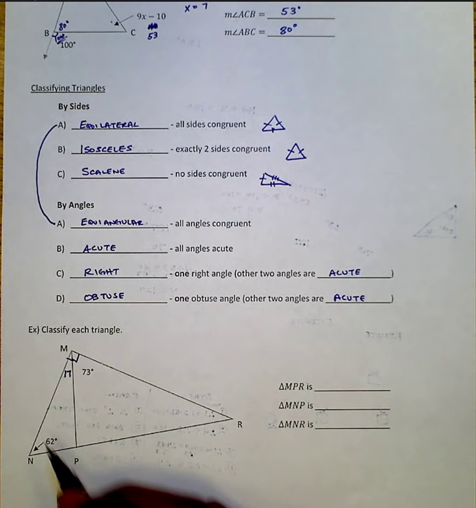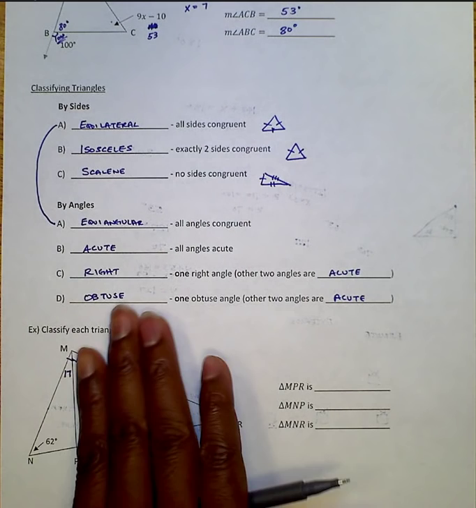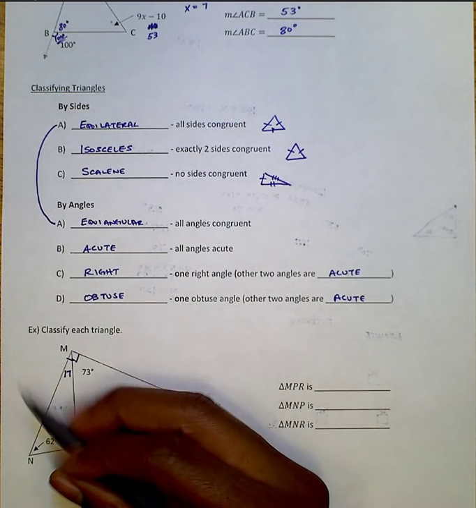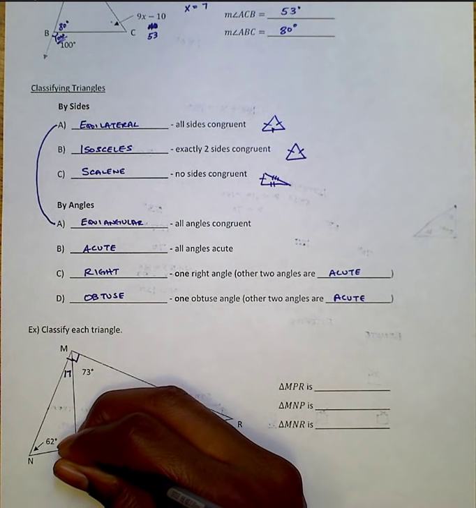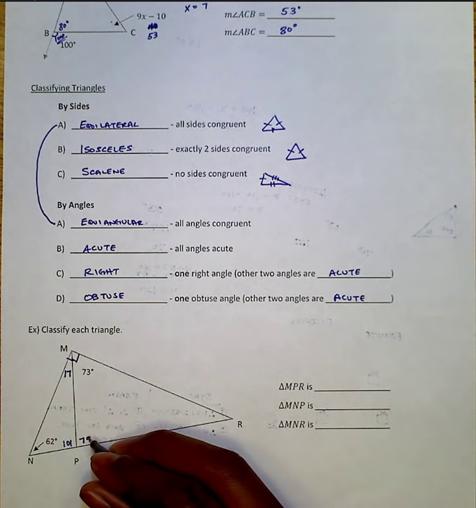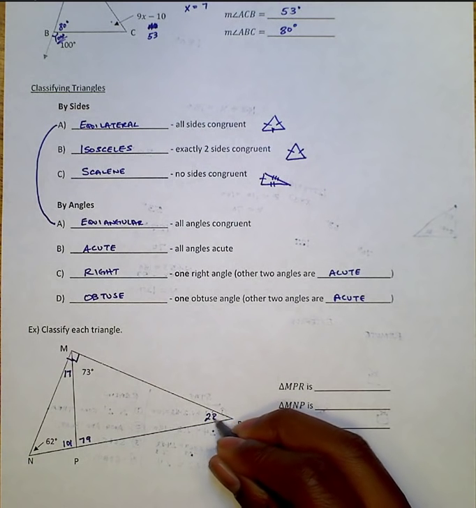Again, this is a triangle here, so we're going to use the fact that triangles add up to 180 to find out MPN, and that is 101. Since this is 101, then I know that this will be 79. 73 plus 79 is 152, so that makes this 28. Alright, so those are all the angles.